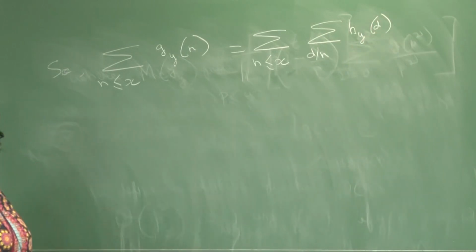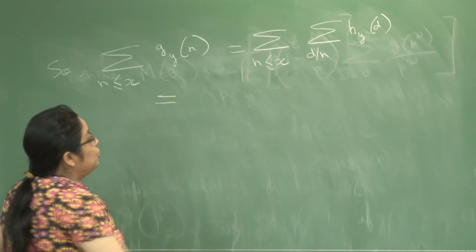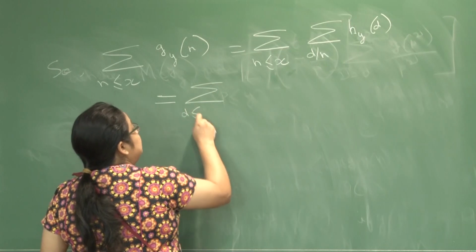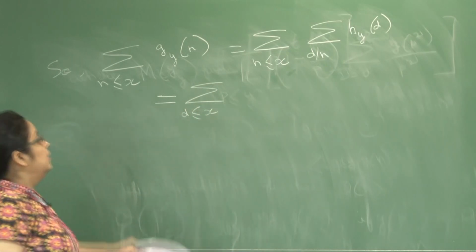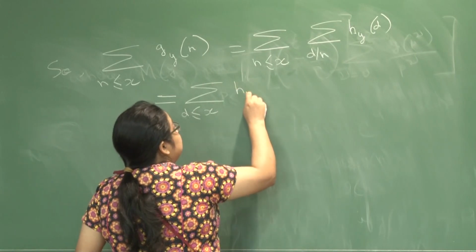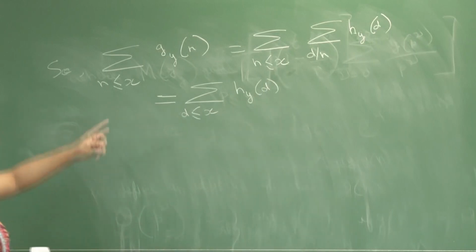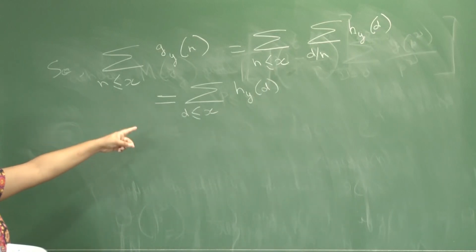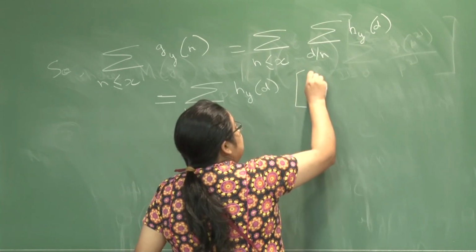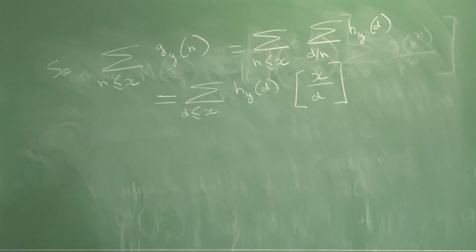and therefore, you interchange this, and by interchanging it, what you end up getting is, first you run over all the numbers up to x, h sub y of d, and in the inner sum you have all those n's up to x which are multiples of d. In other words, you simply get the greatest integer of x over d.